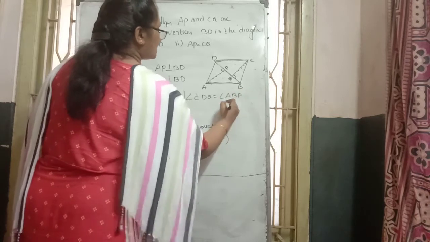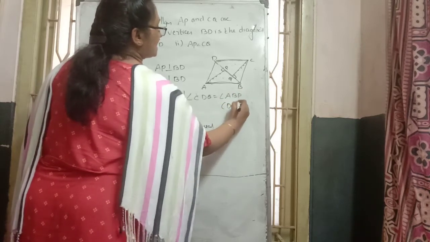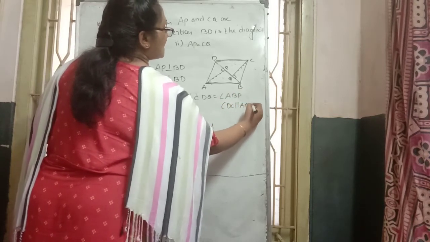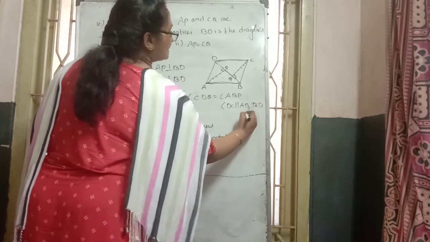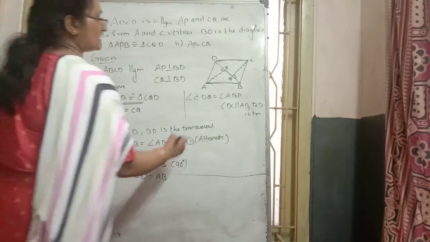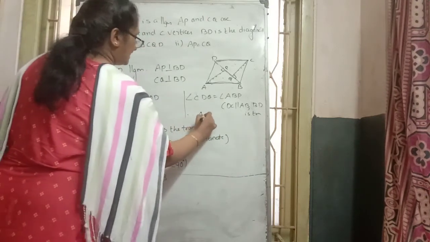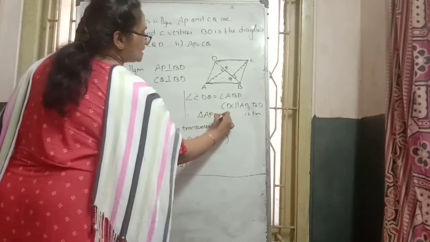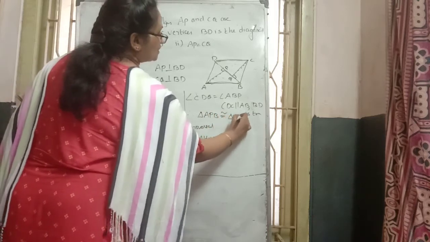The reason is DC is parallel to AB and BD is the transversal. So three conditions are satisfied. That's why triangle APB is congruent to triangle CQD.